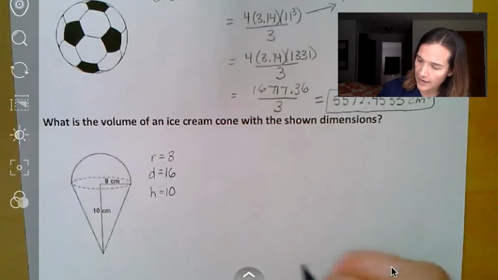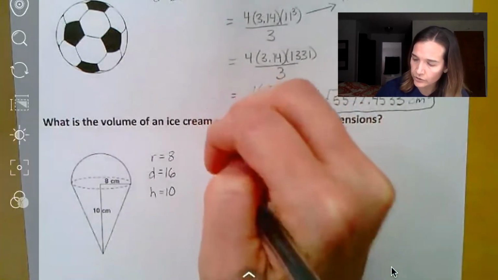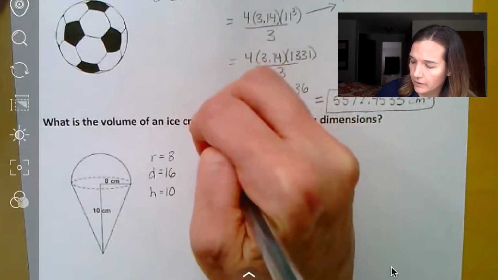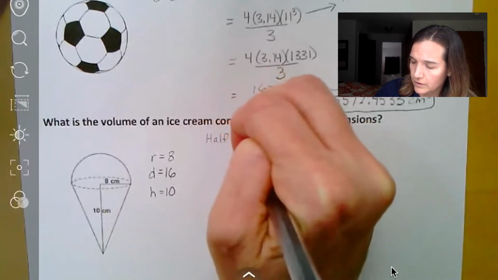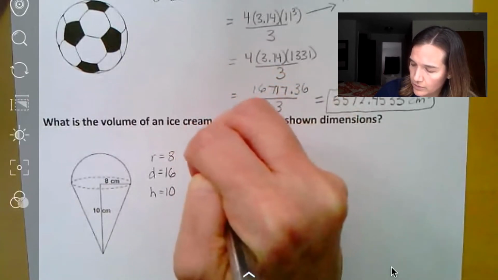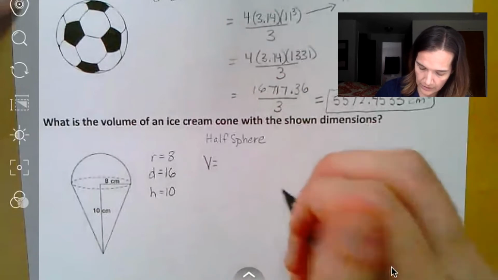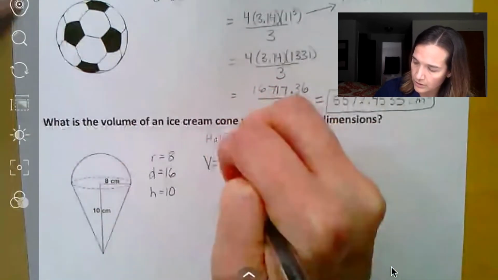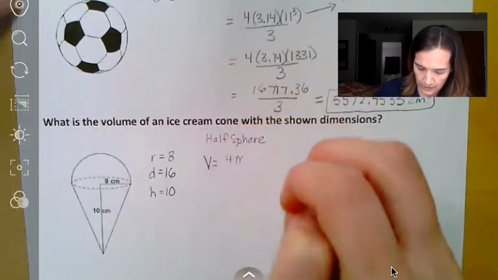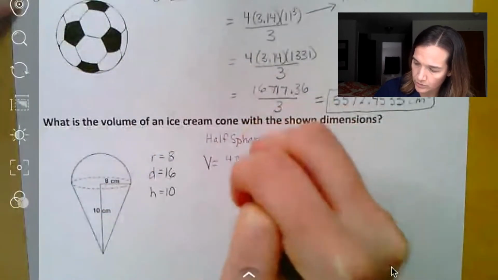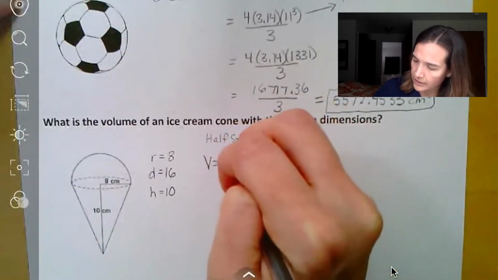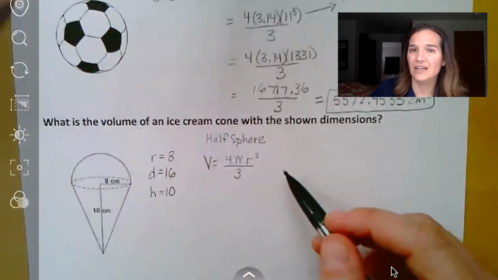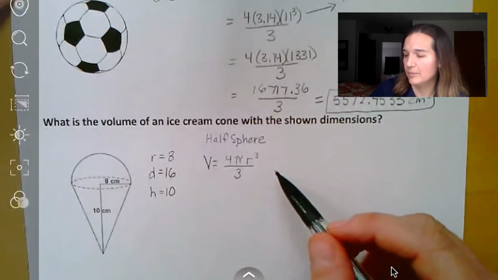So let's start with our half sphere. The volume for our half sphere is going to be volume equals 4 times pi times radius cubed divided by 3. But then I have to cut that in half, divided by 2.